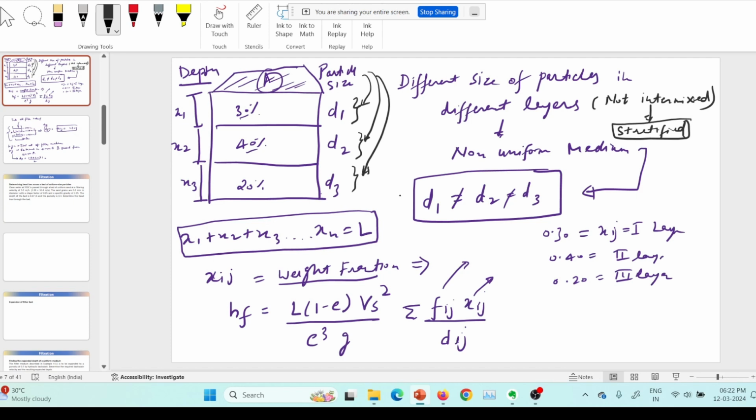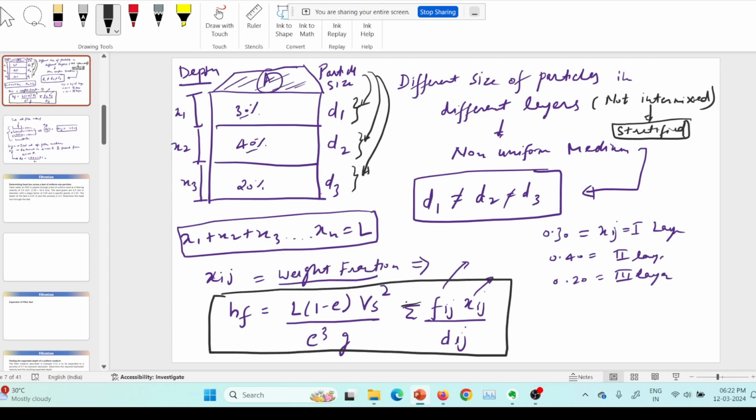This we will calculate through sieve analysis, and the head loss through the stratified medium is given by this equation. We will calculate this for different layers and add it up, because it will be different for different layers. So this is the head loss through stratified filter medium.